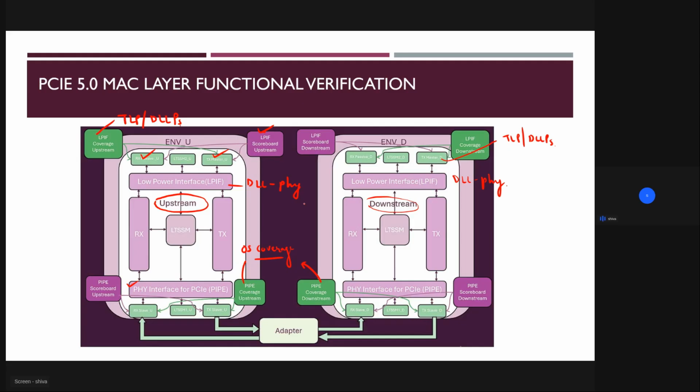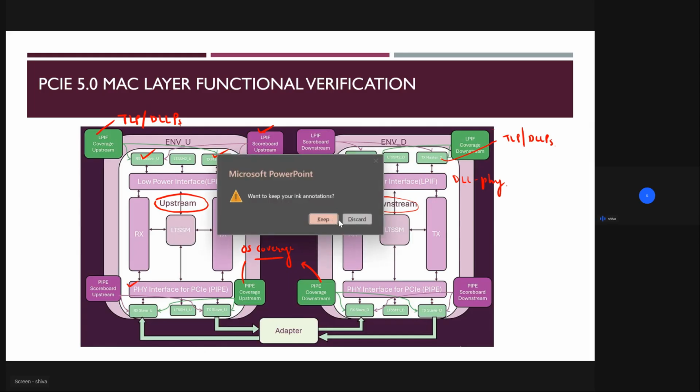And next we will develop different sequences for generating TLP, DLLP traffic with different lengths, and we will also generate sequences for generating mixed TLP, DLLP traffic. This is about our TB architecture. So next we will see what coverage we are going to cover.